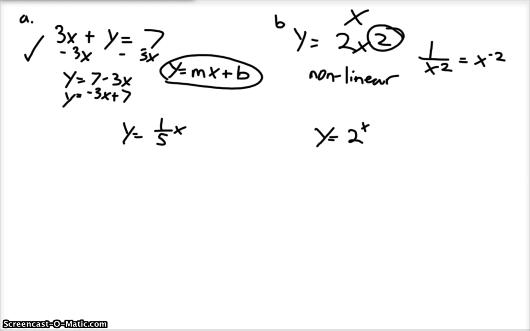Just for the sake of time, you see the square, you can't turn it into y equals mx plus b. See, this x only has an exponent of 1. It's invisible. It kind of likes it that way. So we cannot put a function here. We can't. It's a nonlinear function.